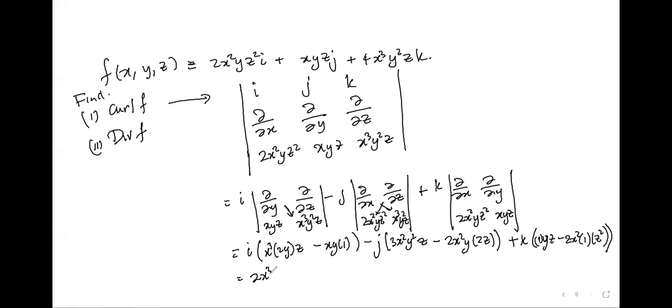So this is going to be 2x cubed yz minus xy i, minus 3x squared y squared z minus 4x squared yz j, plus yz minus 2x squared z squared.